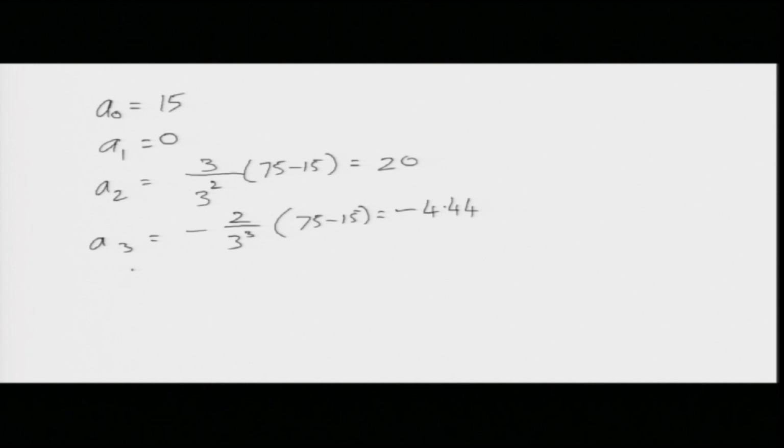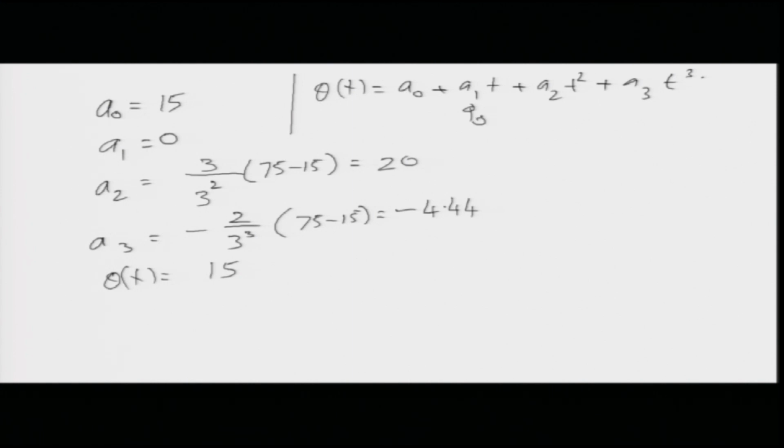Now, what is the equation? theta(t) is equal to 15, a1 is equal to 0. Let me write down the equation here again, just to remember: a0 plus a1 t plus a2 t squared plus a3 t cubed. So, this term is equal to 0.